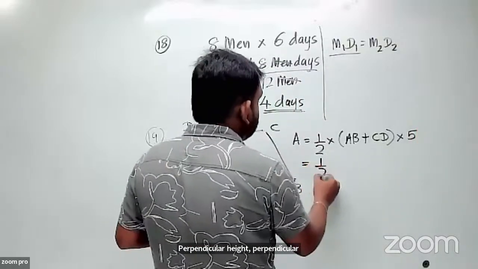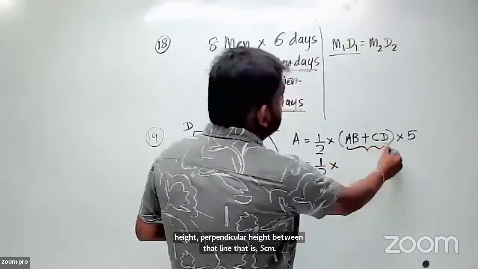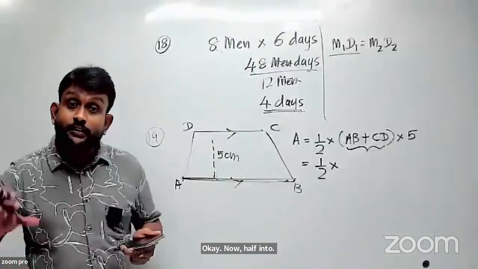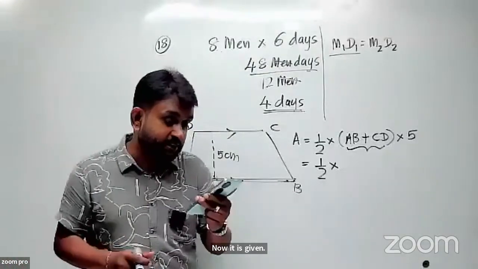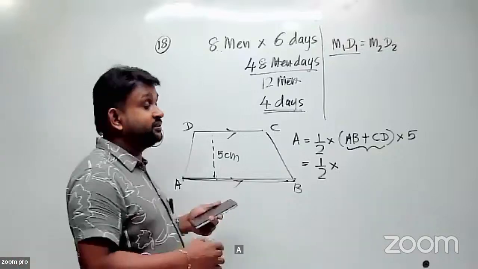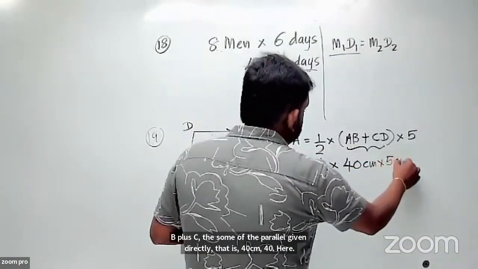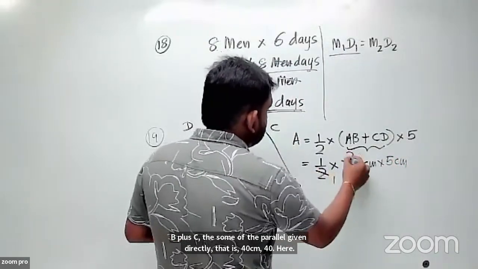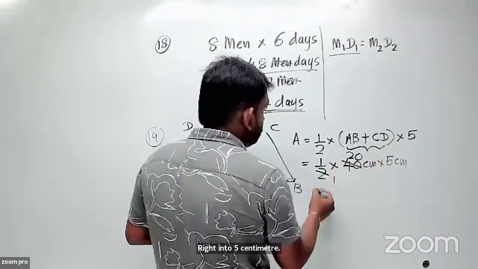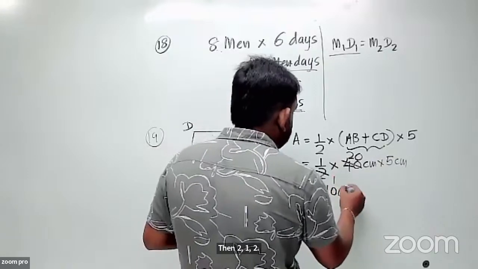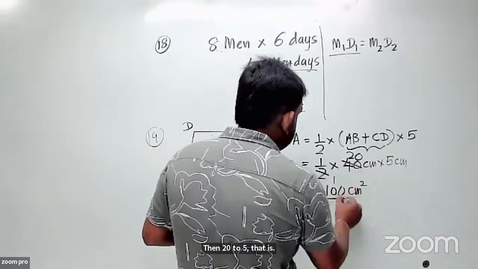Okay, now half into, now it is given AB plus CD, the sum of the parallel lines, directly, that is 40 centimeters. Substitute 40 here, into 5 centimeters. Then 2 ones are 2, 20. Then 20 into 5, that is 100 square centimeters.